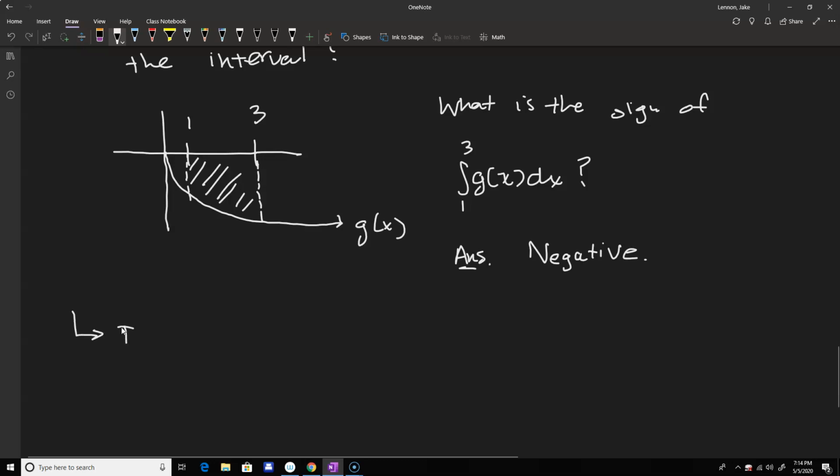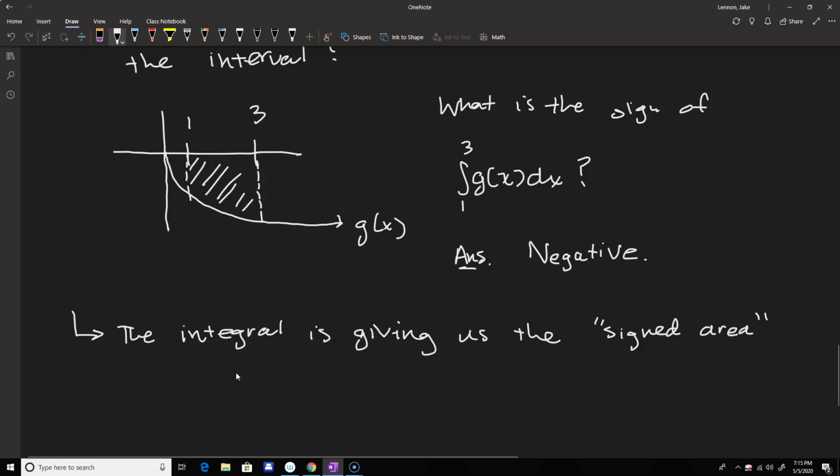So the integral is giving us what I call the signed area of a curve.